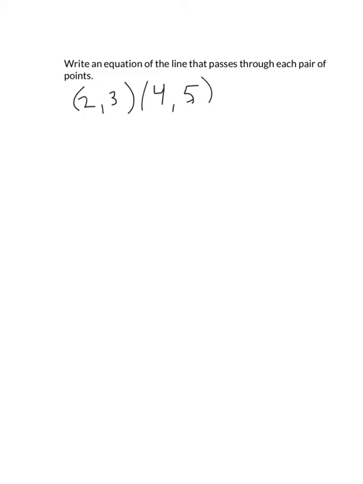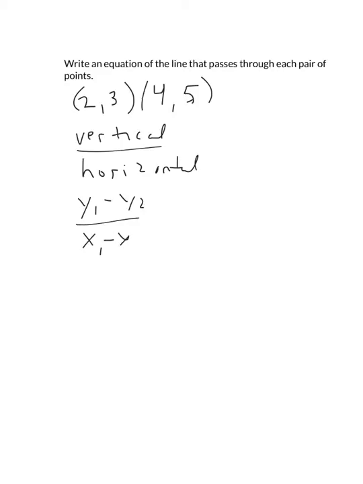We said, okay, we want to write an equation of the line that passes through these pair of points. Well, let's first find the slope. So remember, it's vertical change over horizontal change. Or it's y1 minus y2 over x1 minus x2, or it's y2 minus y1 over x2 minus x1.